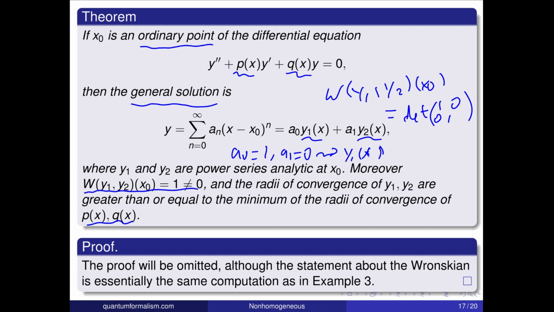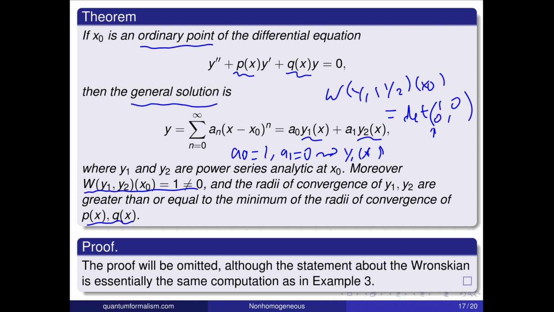But these are, of course, also the initial conditions in an initial value problem, like I said before, right? A0 is y of x0, and a1 is y prime of x0. So that's what gives you this column of the matrix being equal to 1, 0.